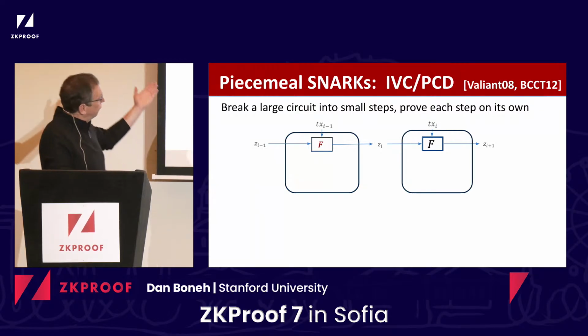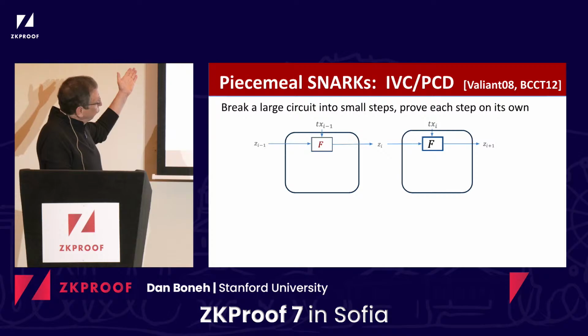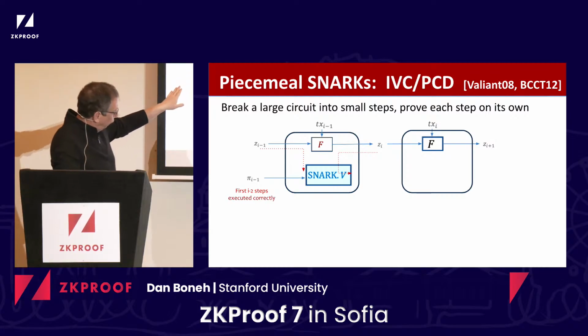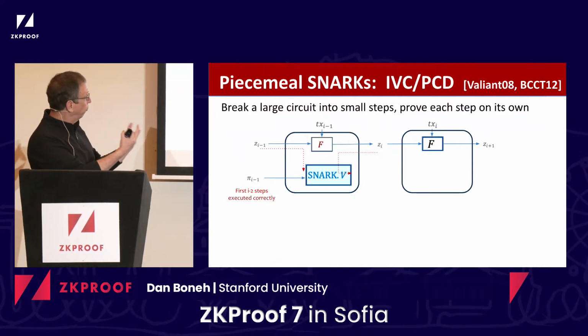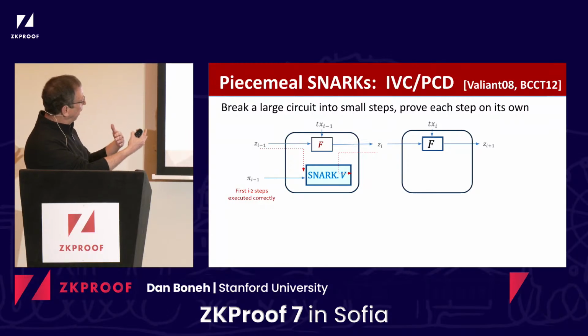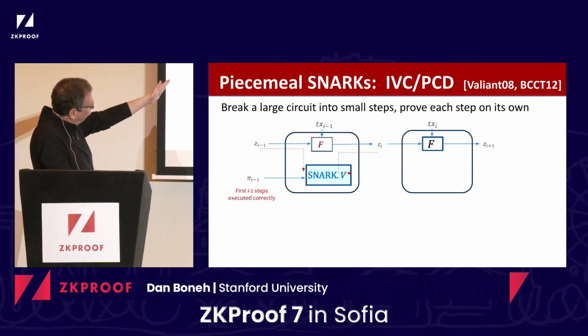The way this works is, if you have 1,000 transactions that you want to verify, I guess we saw these pictures earlier today, what you would do is verify the proof incrementally. You would verify the first i transactions, then that proof for the first i transactions would go into the next verification circuit.